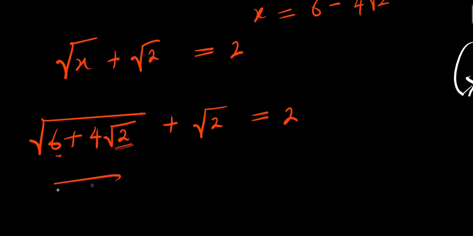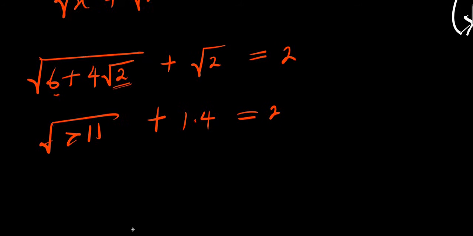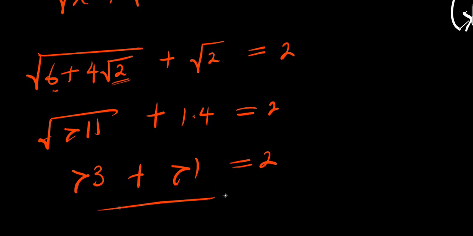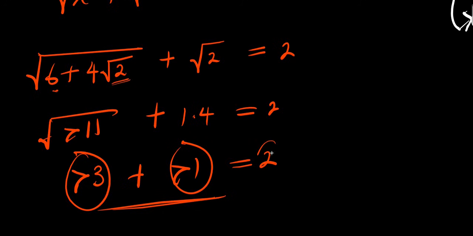So you are having square root of a number greater than 11 plus square root of 2, which is about 1.4, and this equals 2. So square root of a number greater than 11 will give you a number greater than 3, plus a number greater than 1 equals 2. This cannot be true because a number greater than 3 plus a number greater than 1 can never give you a number equal to 2.